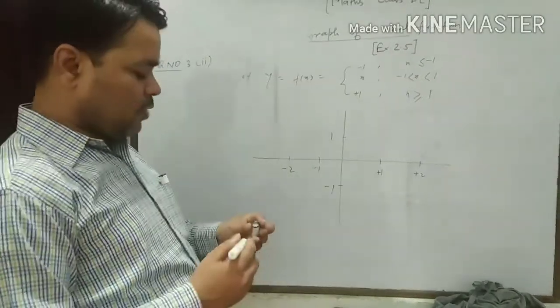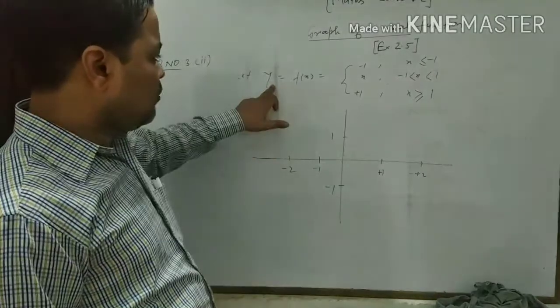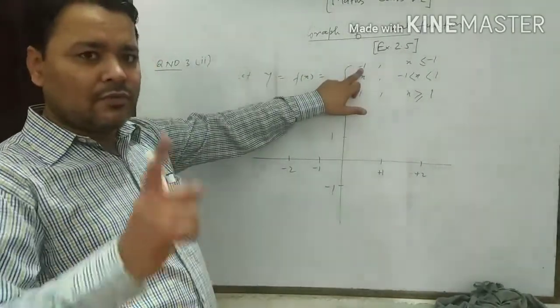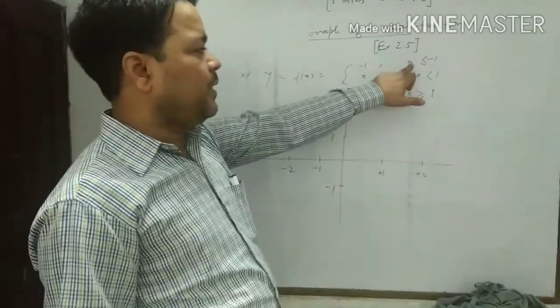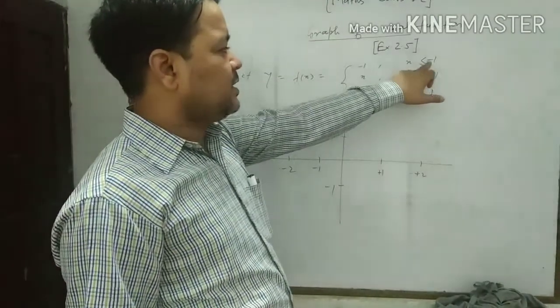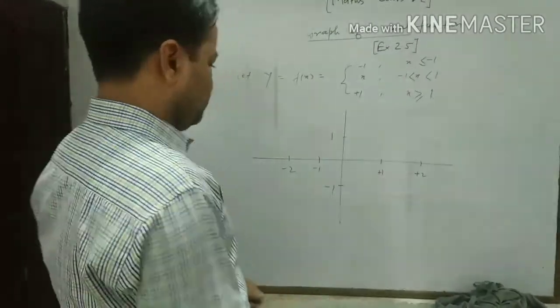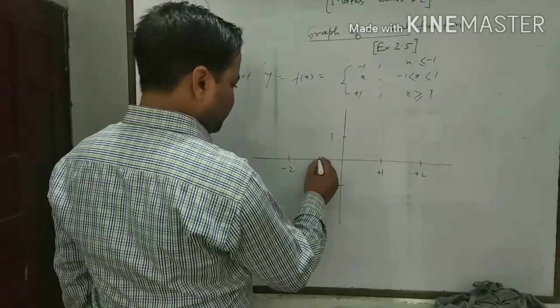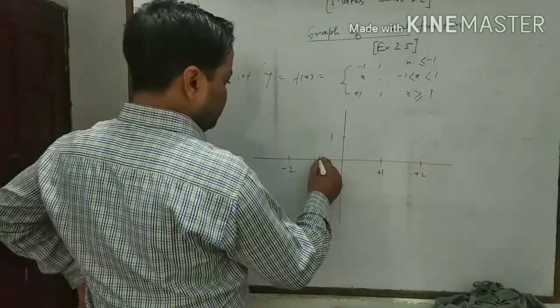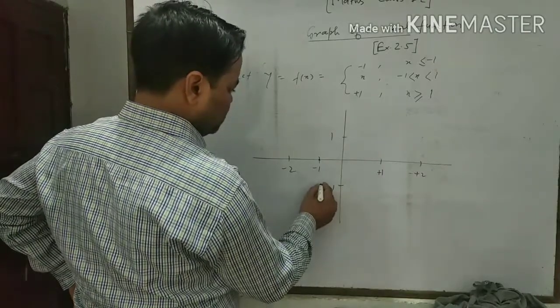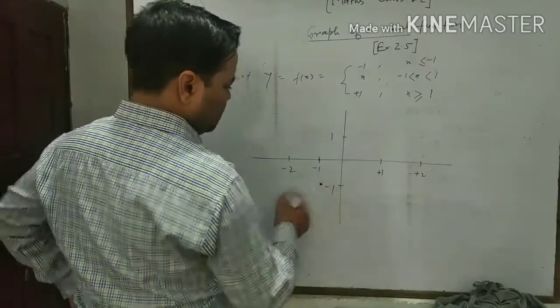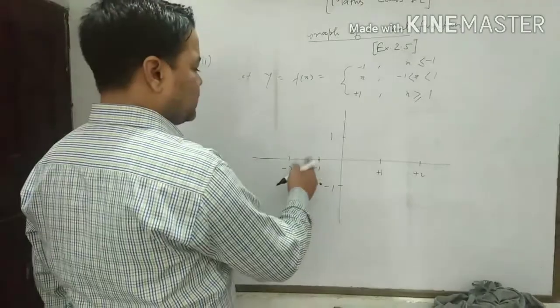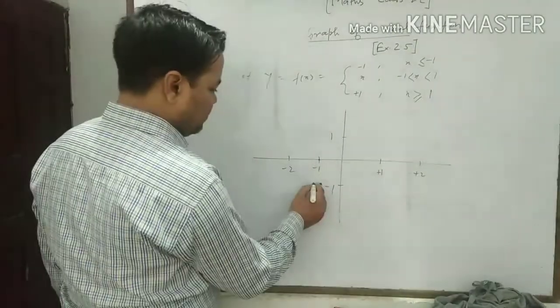The value of y will be minus 1 when we take the domain x less than or equal to minus 1. If we take minus 1.5, then also the same value.